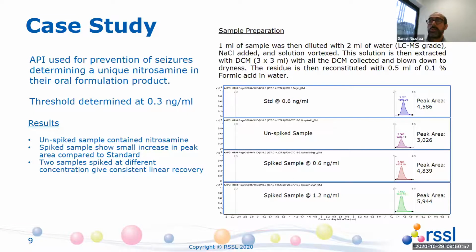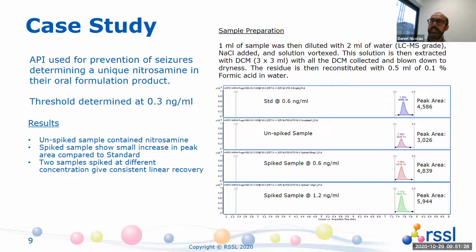We used sodium chloride in the aqueous layer, which helps to better define the layers within the liquid-liquid extraction, but also decreases the solubility of the nitrosamine in solution, therefore encouraging it to move to the DCM layer, again increasing its recovery. All these little parameters and factors were optimized in order to make sure that we were able to observe this nitrosamine at this very low threshold.